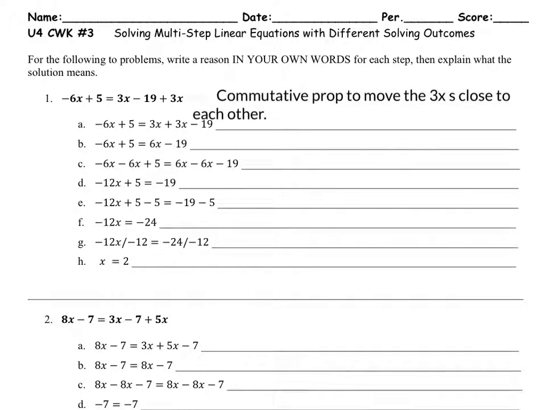Next up, right here, we can see that they combined like terms, or simplified the expressions. Then the next step, they subtracted 6x from both sides.